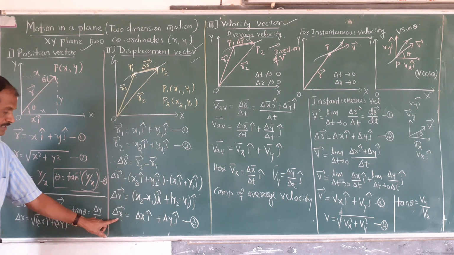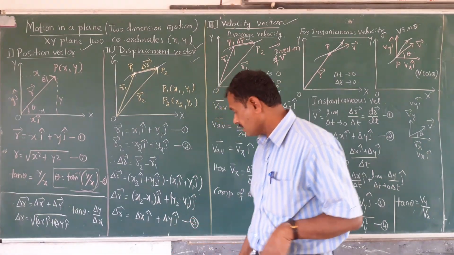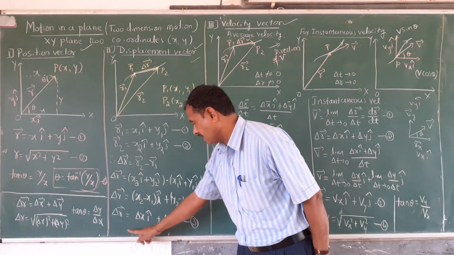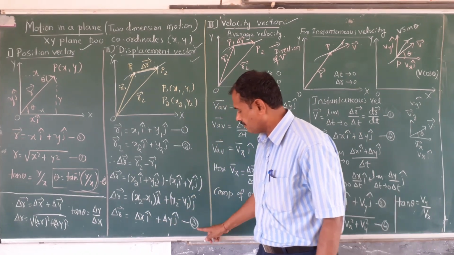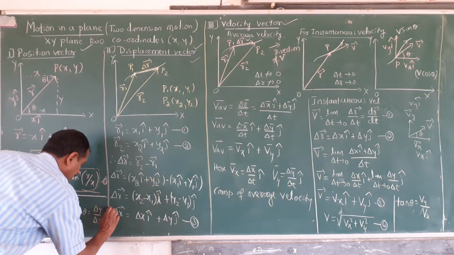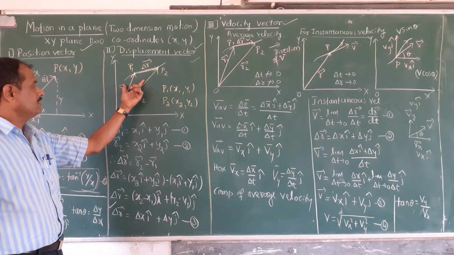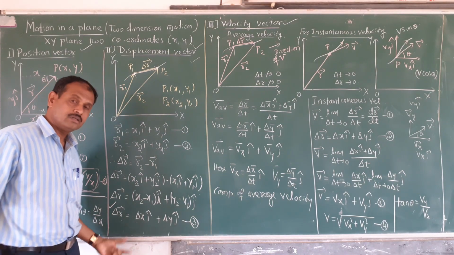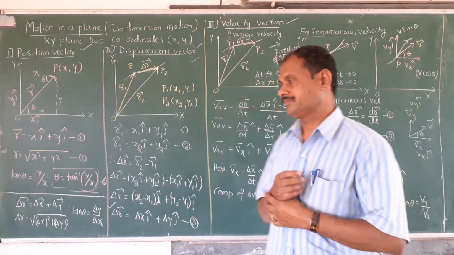Then displacement in two dimension, particularly in the xy plane, that is delta r is equal to delta x i cap plus delta y j cap. This is equation number 3. Now this is the displacement vector in the xy plane. This is the displacement vector in a particular plane, that is the xy plane.